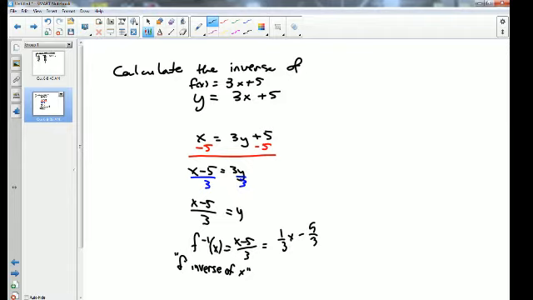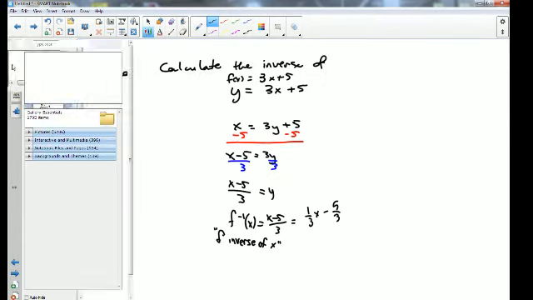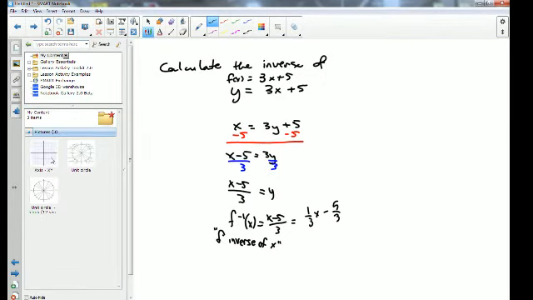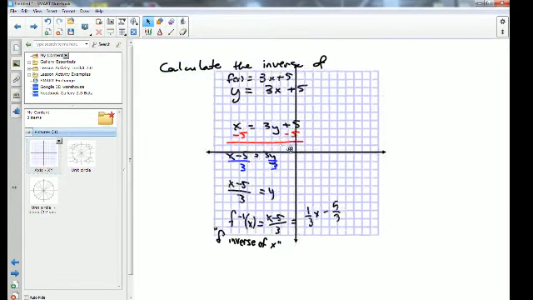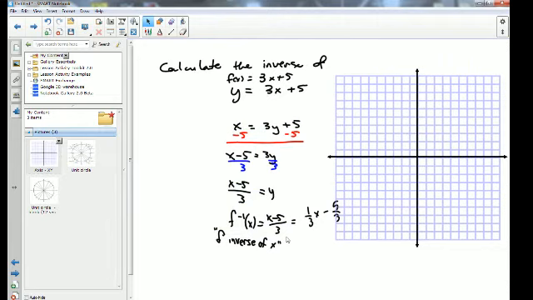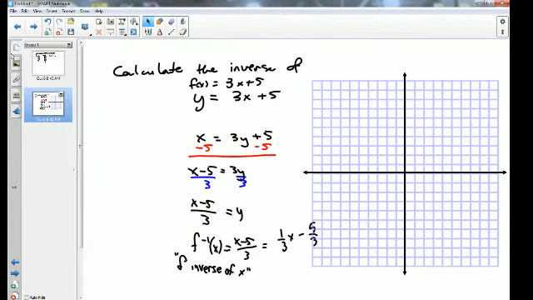Let's look at the graph of the two. Does it matter which way we put it? Do we have to simplify it? Do you have to write it like this?